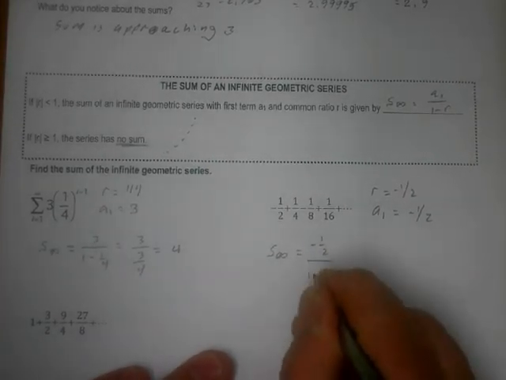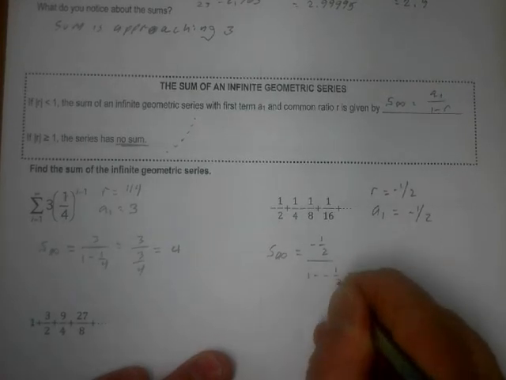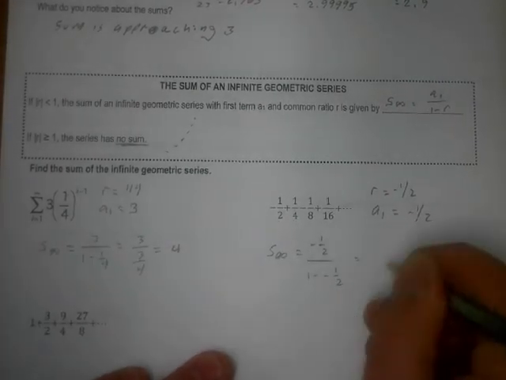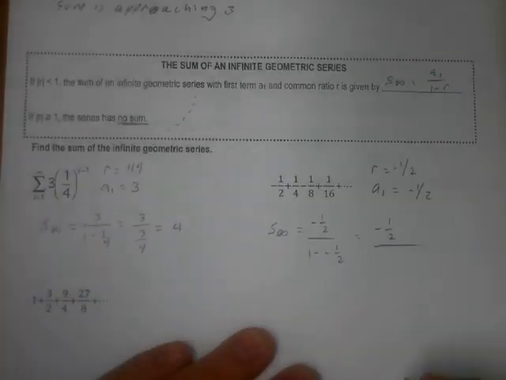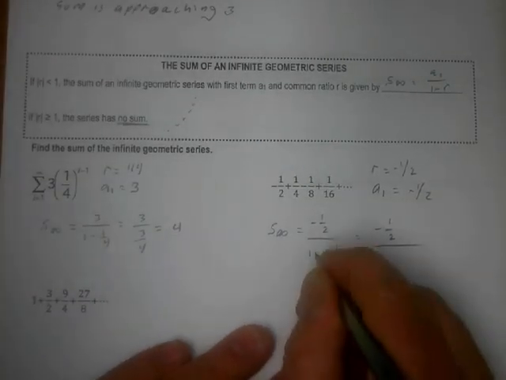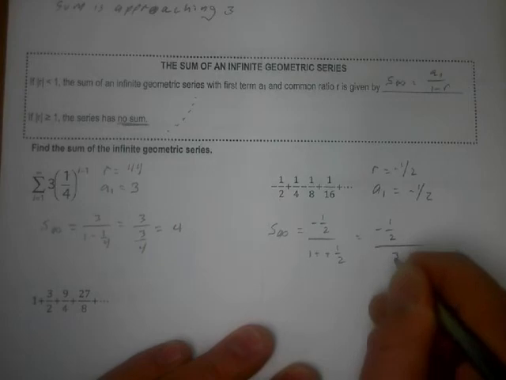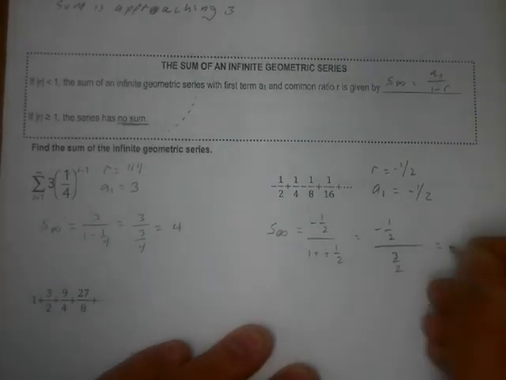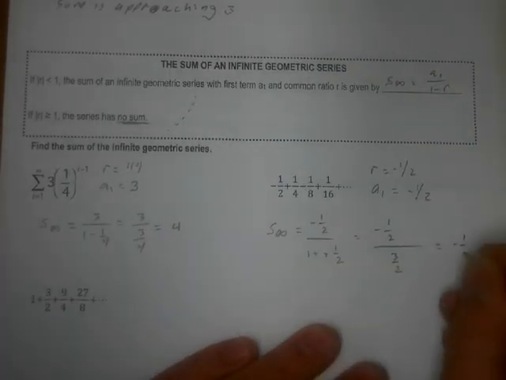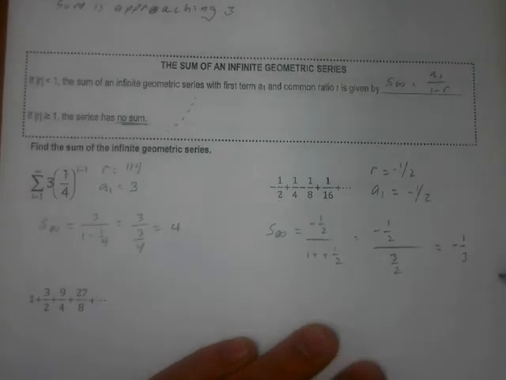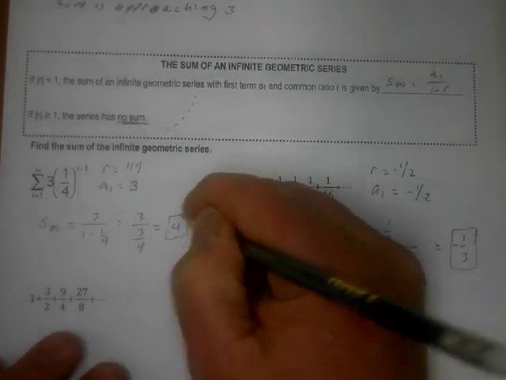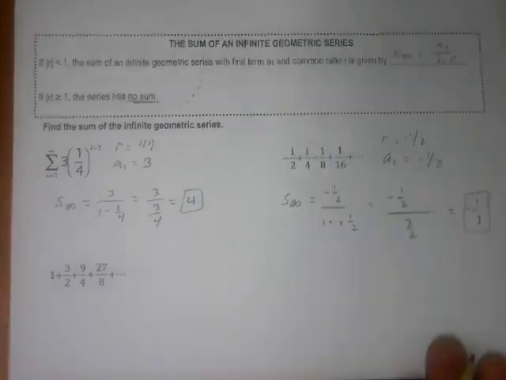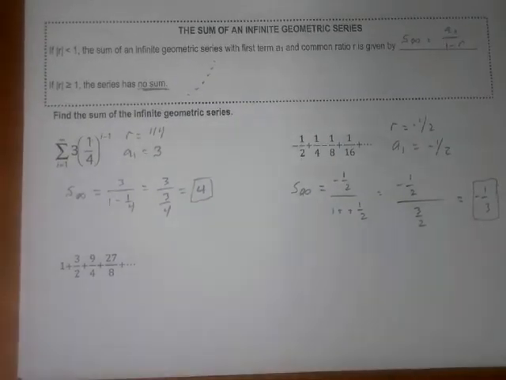The first term is negative 1/2 divided by 1 minus a negative 1/2. That gives you negative 1/2 divided by, now this is a double negative so it becomes positive, 3 over 2. So this is going to equal negative 1/3. That's what my sum is. It's going to approach it, won't actually hit it. It's called a limit, so therefore we can say it does equal it.